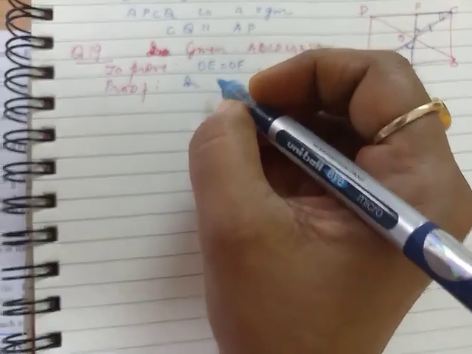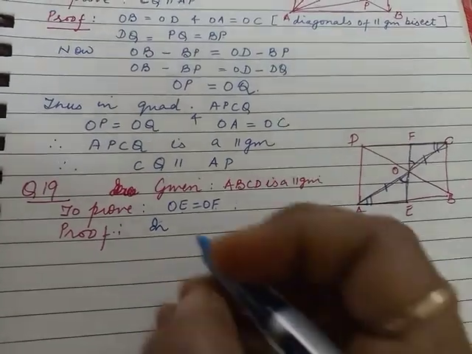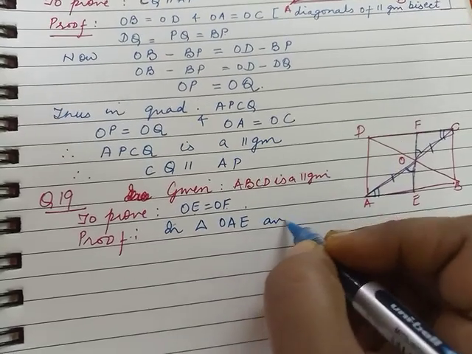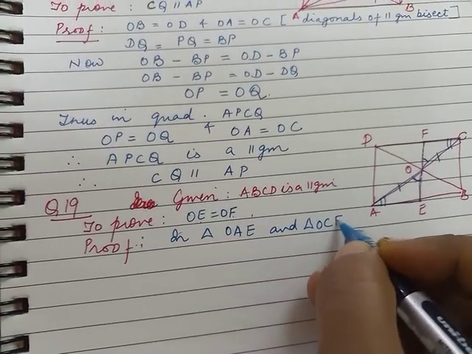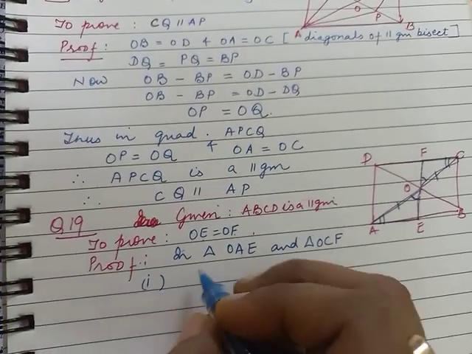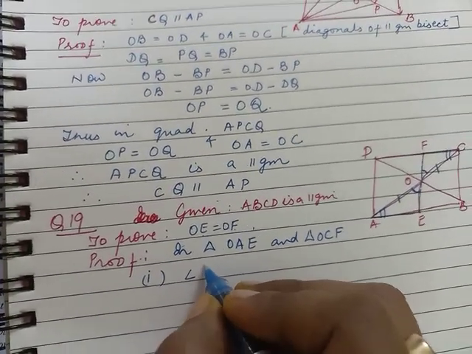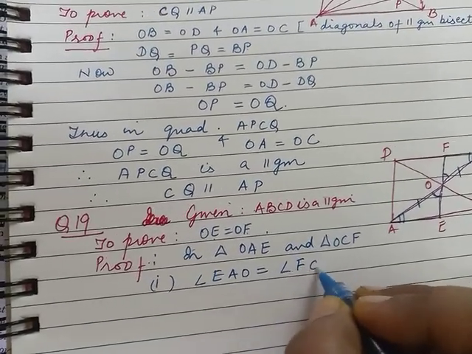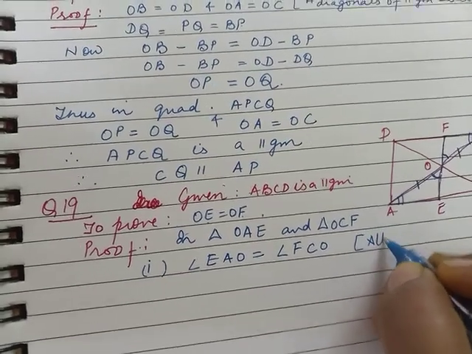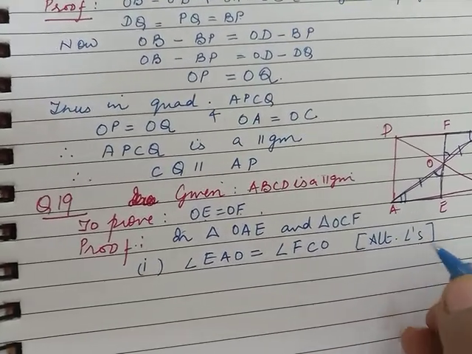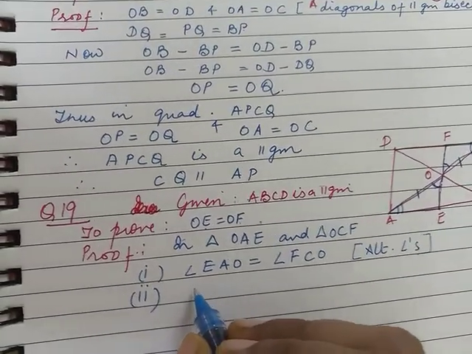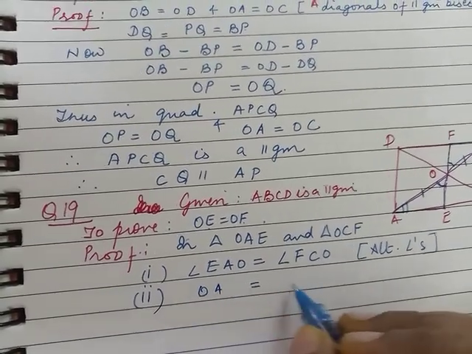In triangle OAE and triangle OCF, first condition is angle EAO is equal to angle FCO. Reason, alternate angles. Second condition is OA is equal to OC.